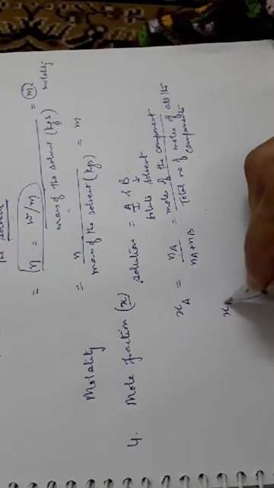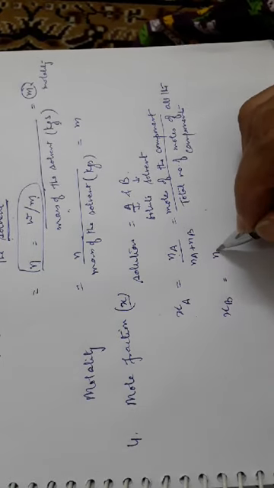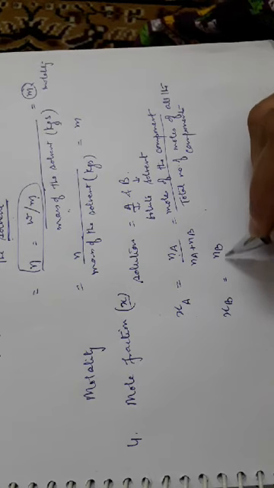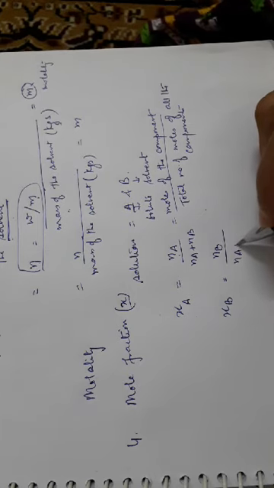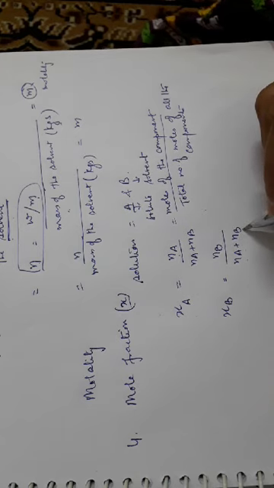In the same way, Xb will be equal to the number of moles of the component B upon the number of moles of all the components, that is Na and Nb. N stands for the number of moles.